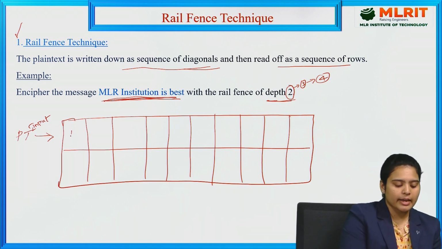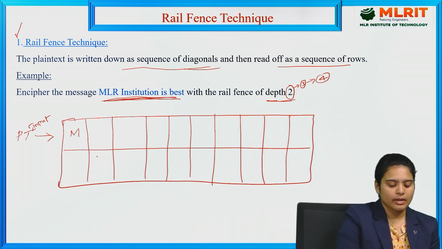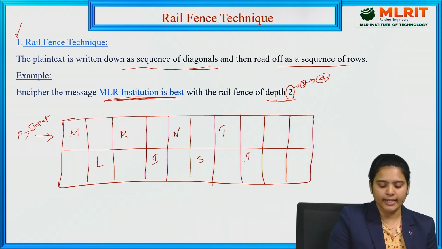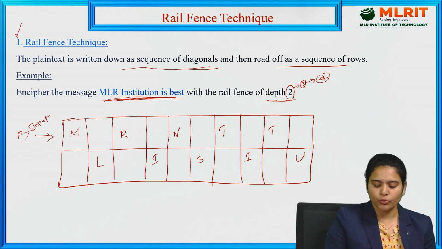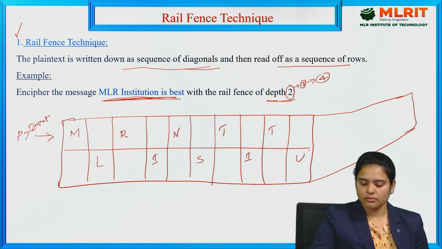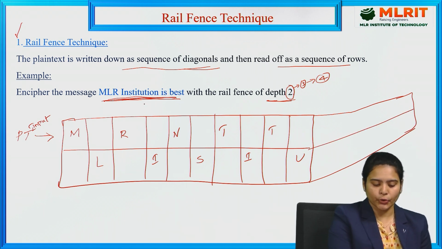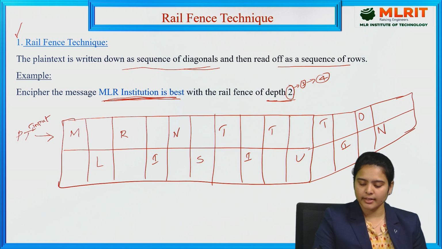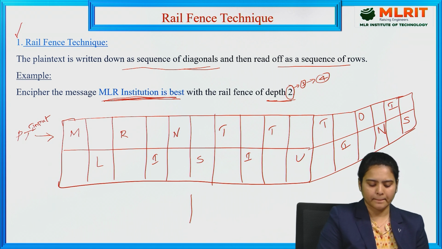I am taking here M, L, R, I, N, S, T, I, T, U, T, I, O and N, and also the remaining part is "is best".